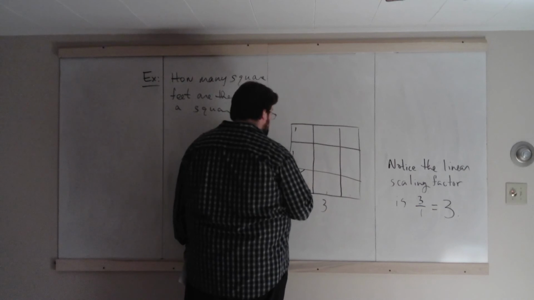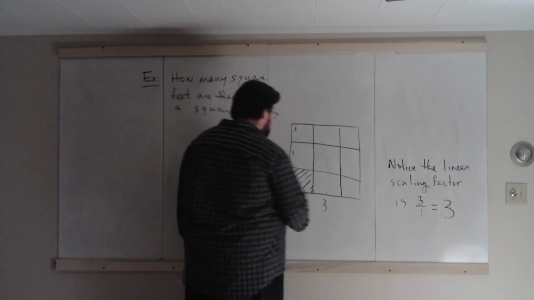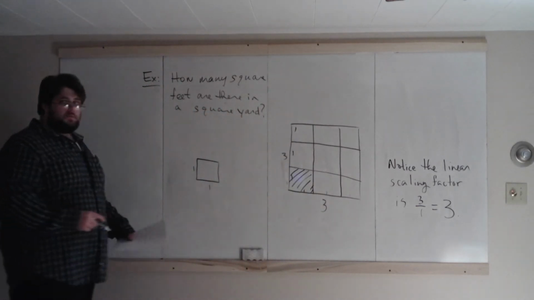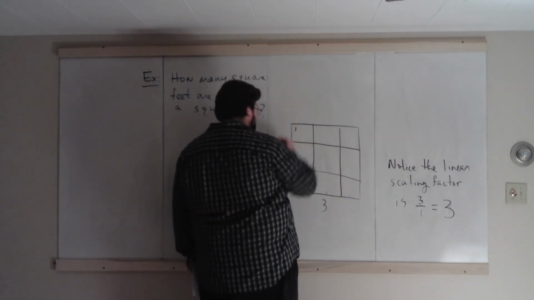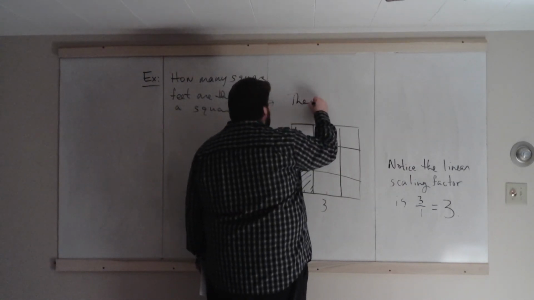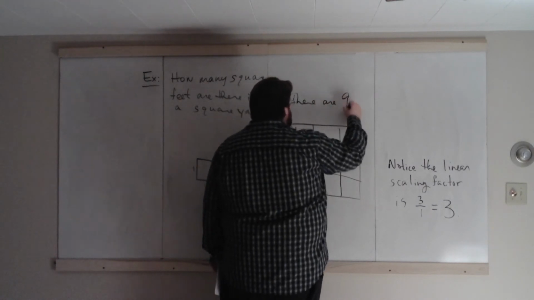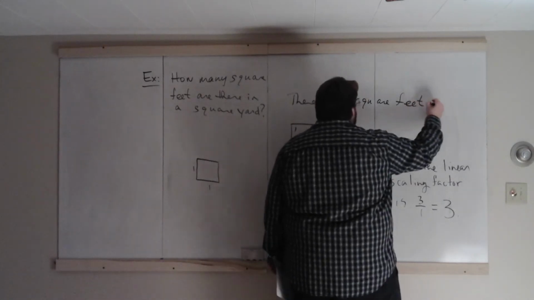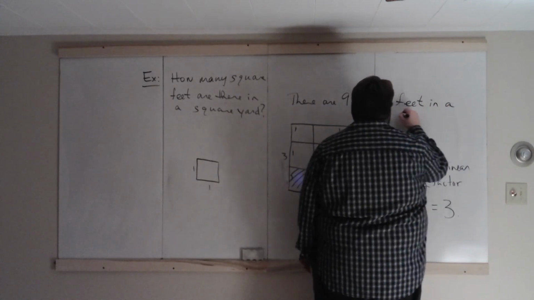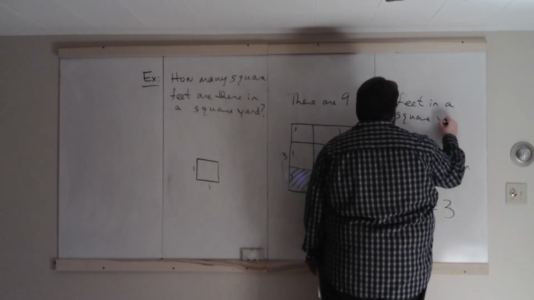So right there is 1 square foot. There are 9 of them. So notice there are 9 square feet in a square yard.